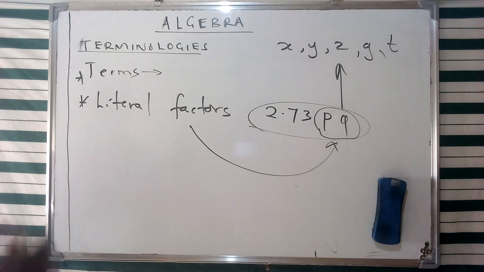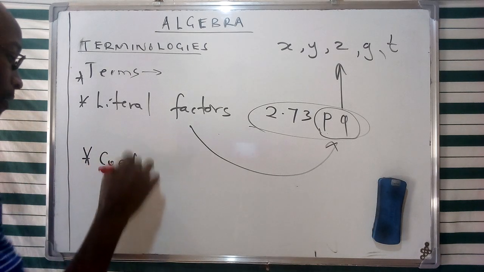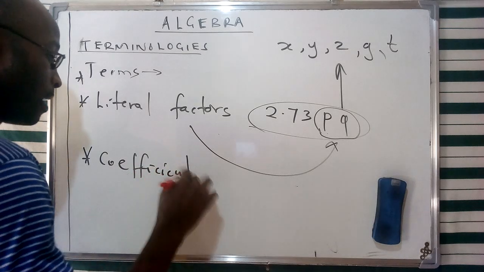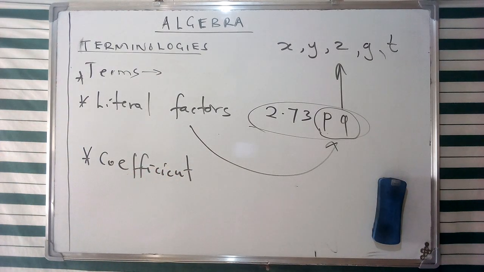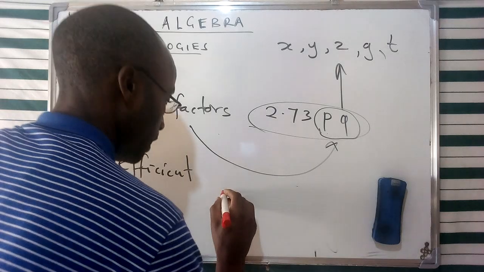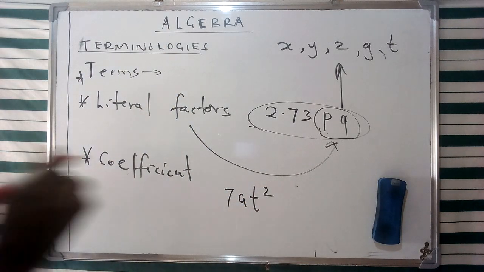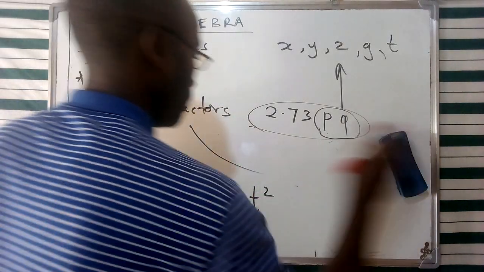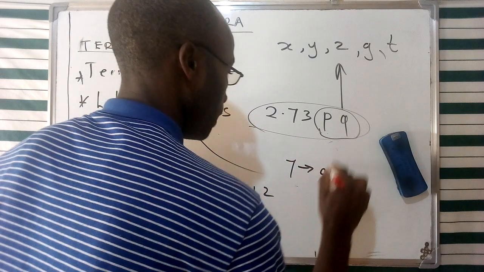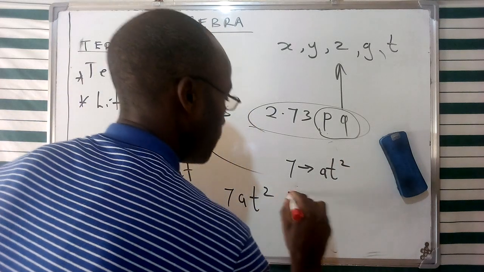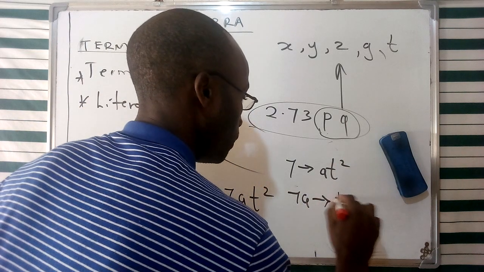And of course, we're going to look at what we refer to as a coefficient. In algebraic expressions, the coefficients are factors in a product. For instance, I can give an expression like 7at squared. In this particular case, 7 is a coefficient of at squared. And then 7a is a coefficient of t squared.